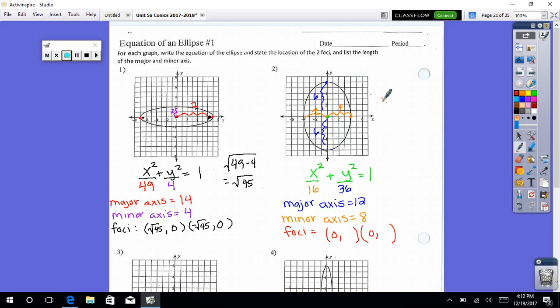And we have big minus little, take the square root. That is the square root of 20. Again, ugly decimal. So the square root of 20 is 4.47, so almost 4.5. So our foci this time are about right here at positive square root of 20 and negative square root of 20.